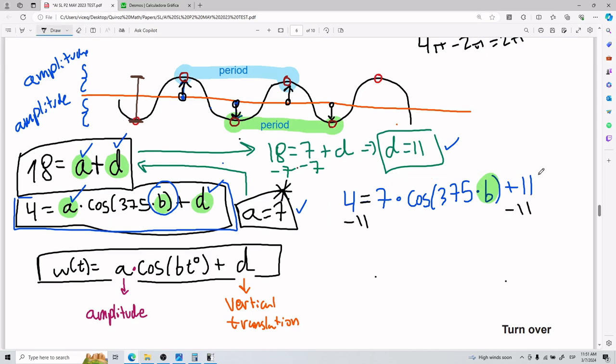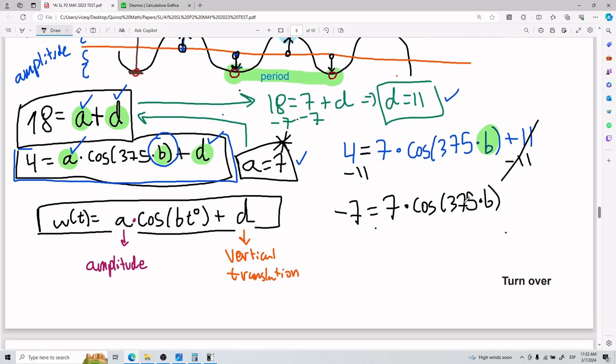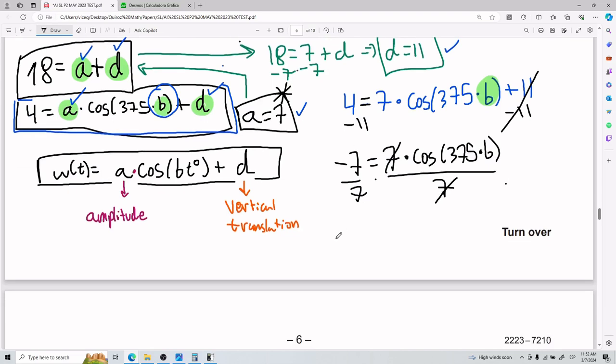So if I do minus 11, this goes away with this, I end up with negative 7 equals 7 times cosine 375 times b. What can I keep doing from here? Well, the cosine is being multiplied by 7, so you can divide by 7. So you end up with negative 1 equals cosine 375 times b.